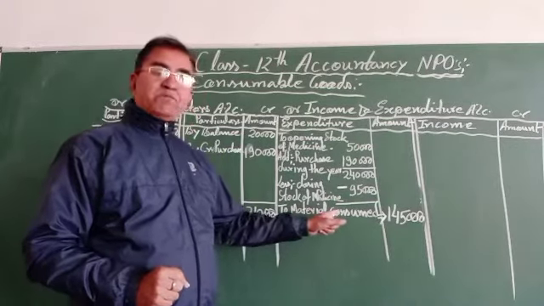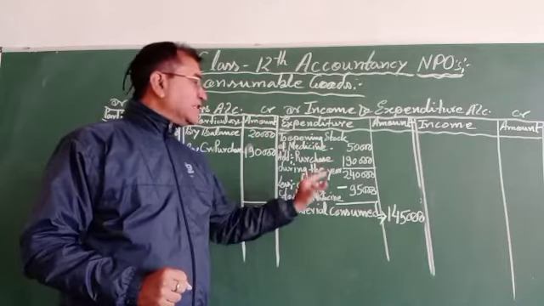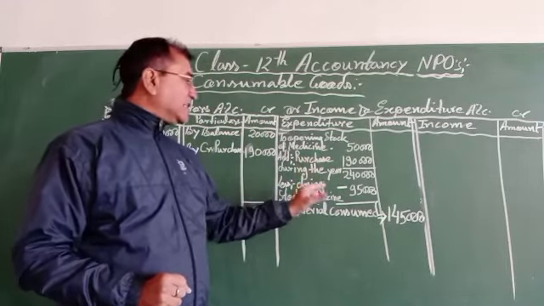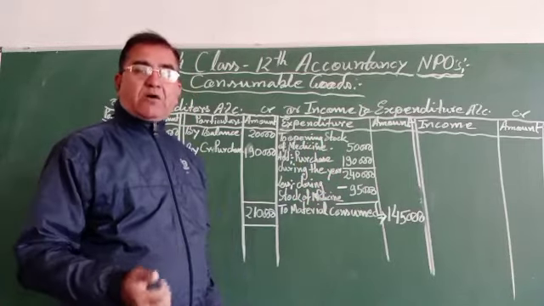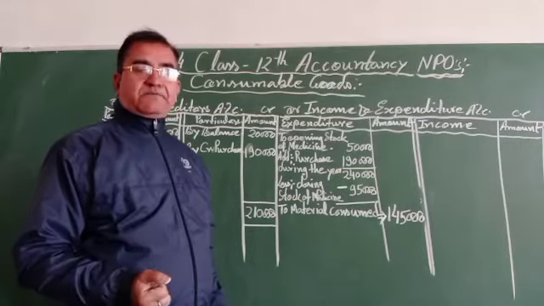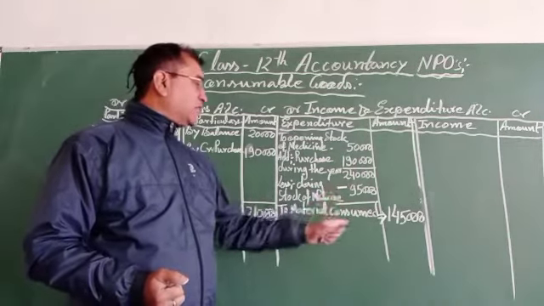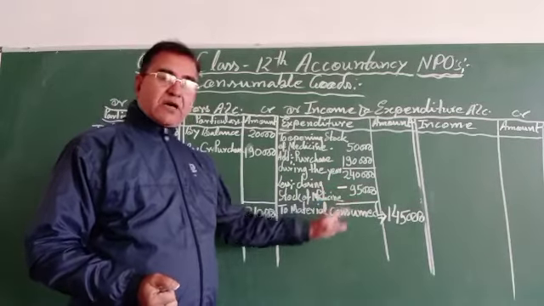Information given in the question: the closing stock of the medicine will be 45,000 more than the opening stock. Opening stock given 50,000 plus 45,000 will be 95,000.